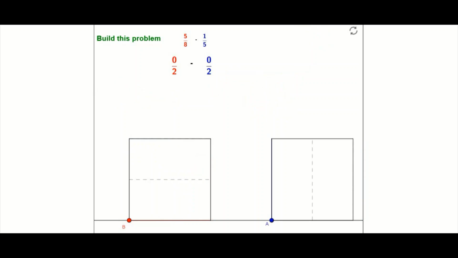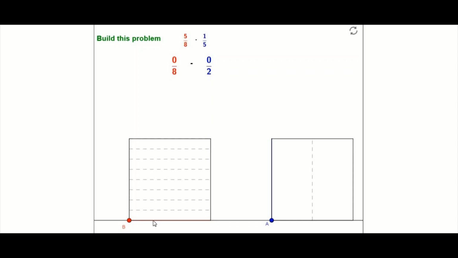So now we have the fraction 5 over 8 minus 1 over 5. Let's model this question. We need 8 equal parts. 3, 4, 5, 6, 7, 8.